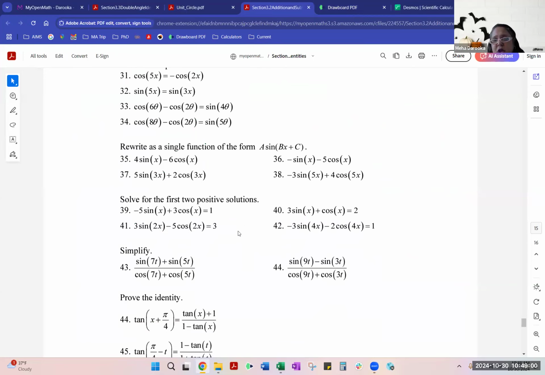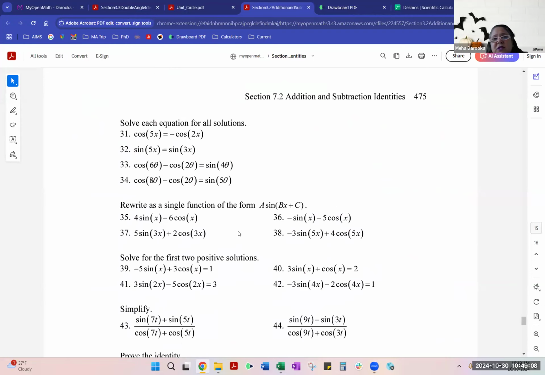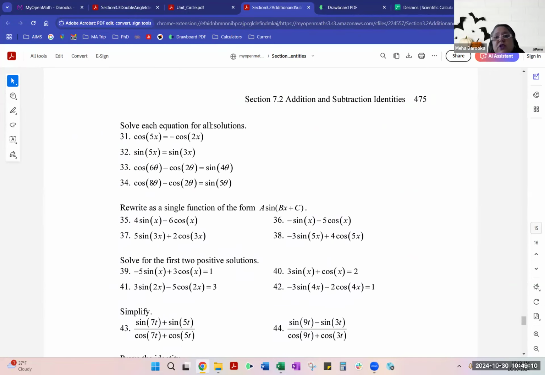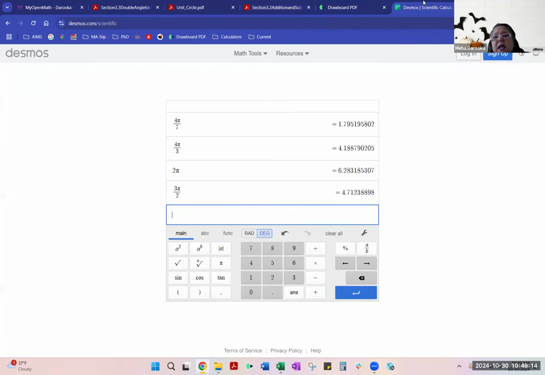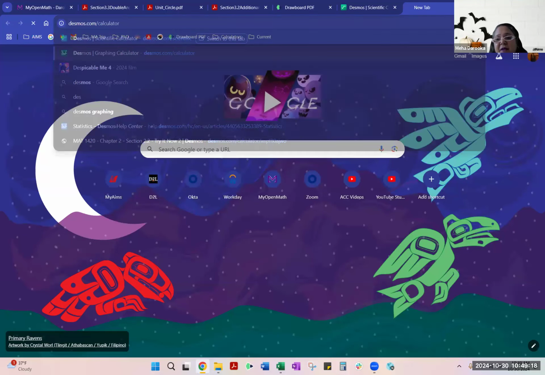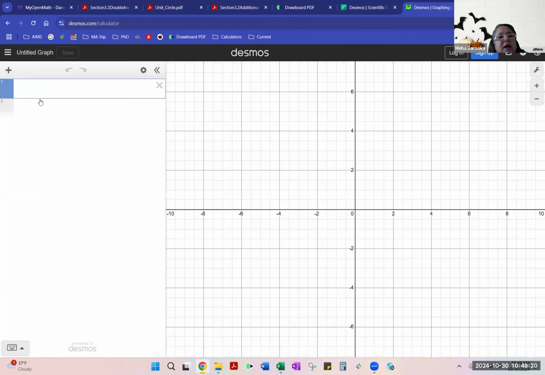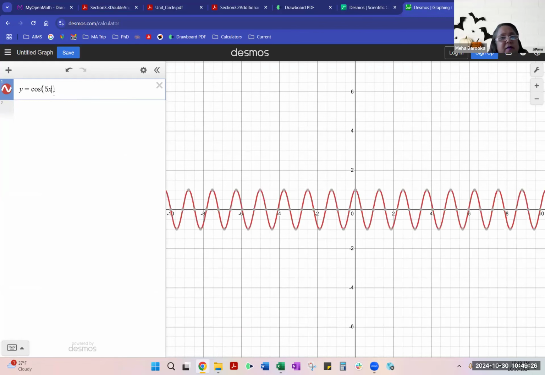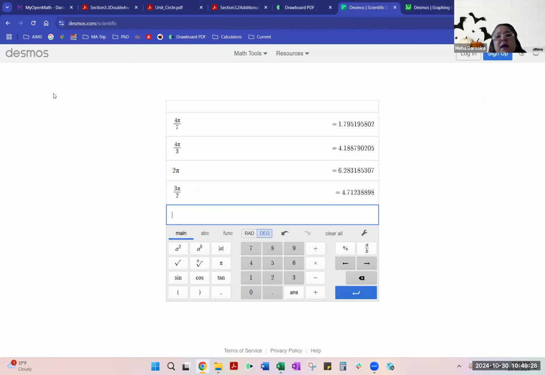In that case, we would not be using the k being an integer idea because we would only stick to finding the first two positive solutions. But this one was all solutions, so you have to take both positives and negatives into consideration. Now, the other thing I would also suggest is to graph it to see if we did that correctly or not. So we can do y equals cosine of 5x.